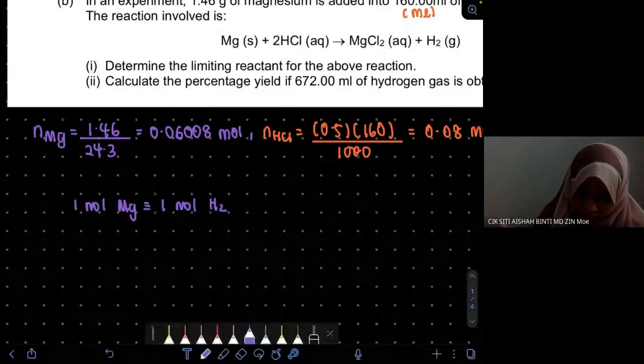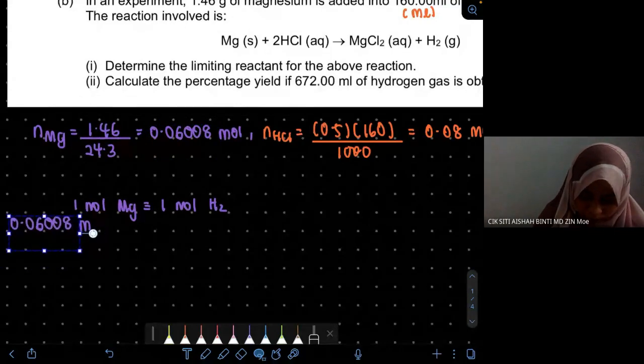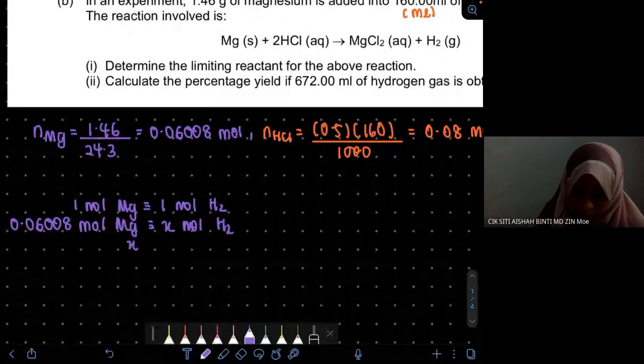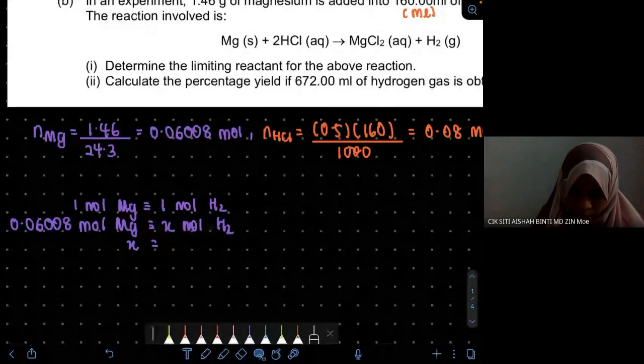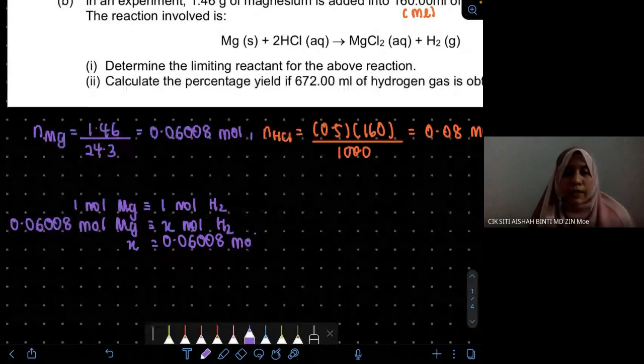So here, Miss tahu yang ini 0.068 mole. Mole Mg equal to X mole H2. So X we will get 0.068 mole.